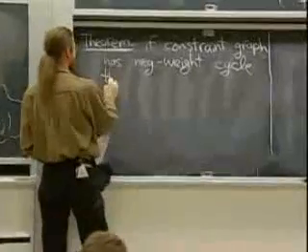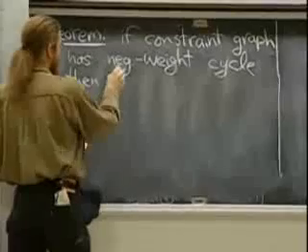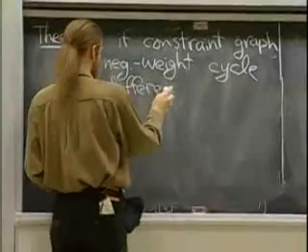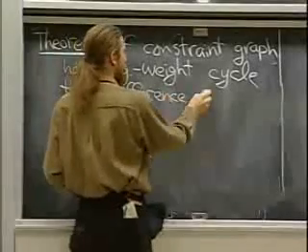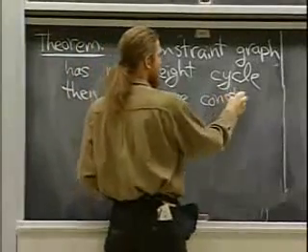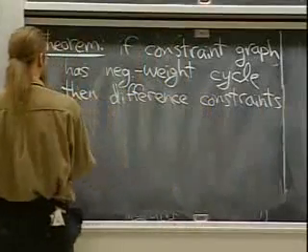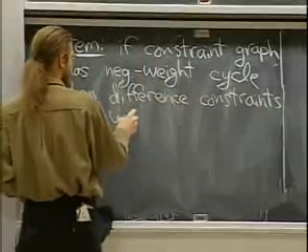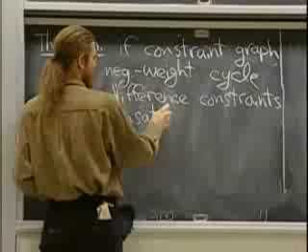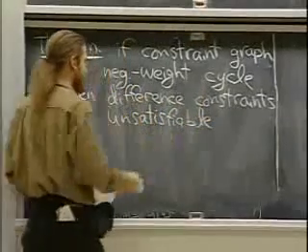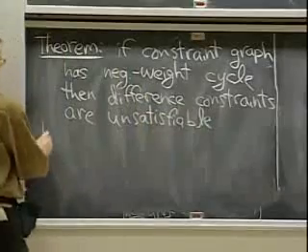And that's the claim. The claim is this is actually an if and only if. But first we'll prove the if. If you have a negative weight cycle, you're doomed. The difference constraints are unsatisfiable. That's a more intuitive way to say it. In LP world, they call it infeasible, but unsatisfiable makes a lot more sense.